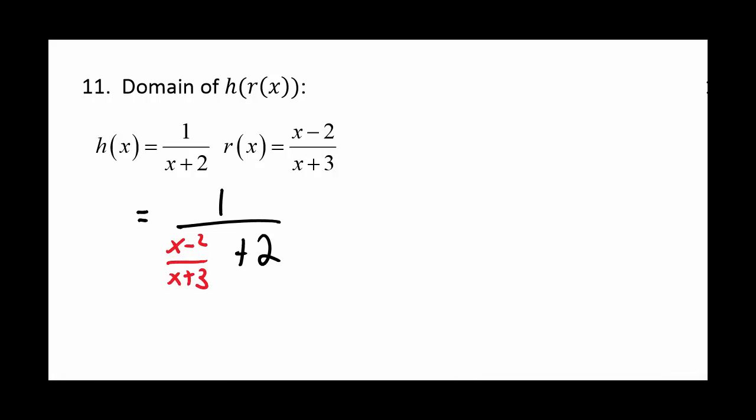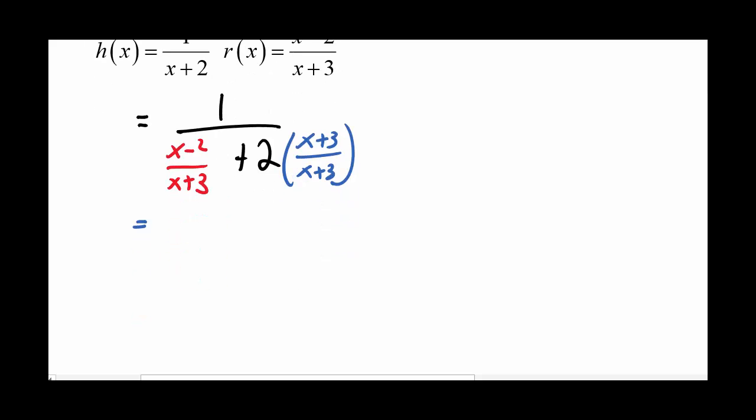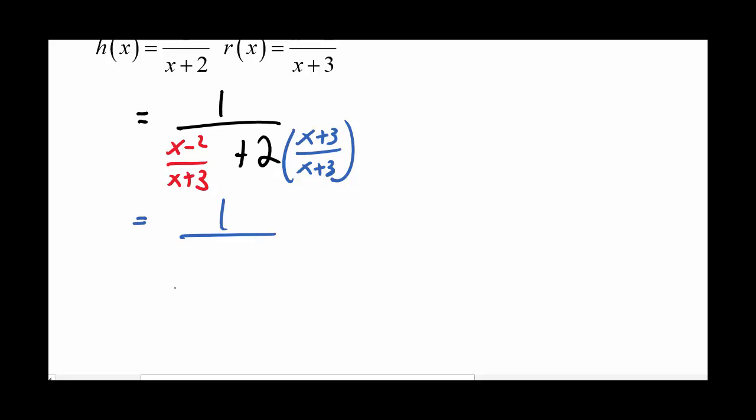And then I want to go ahead and find a common denominator. So I'm going to multiply that 2 times x plus 3 over x plus 3. And let me go down a step. So 1 over x minus 2 plus 2 times x plus 3 all over x plus 3.